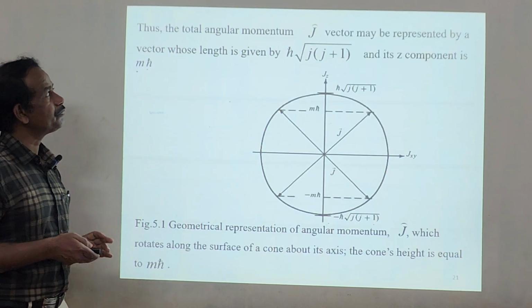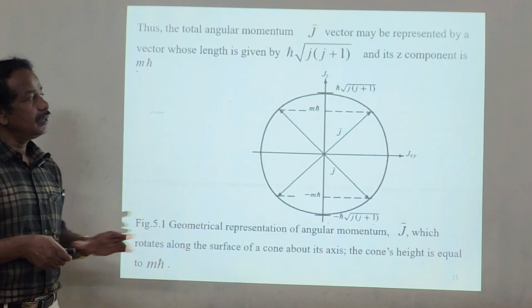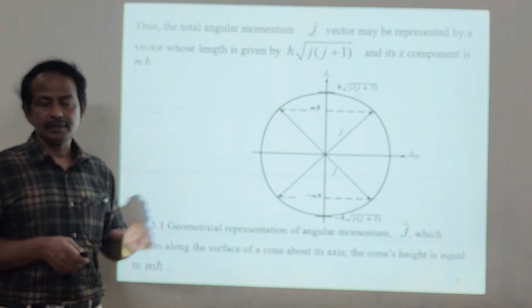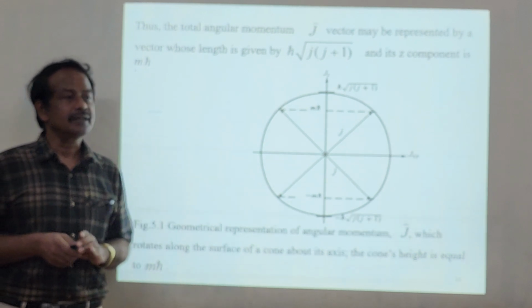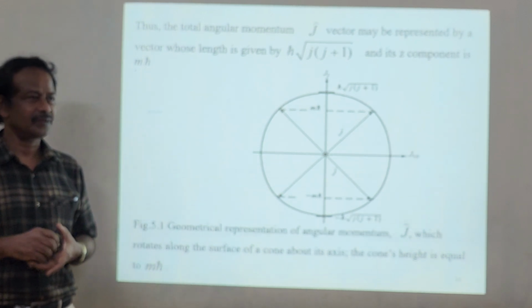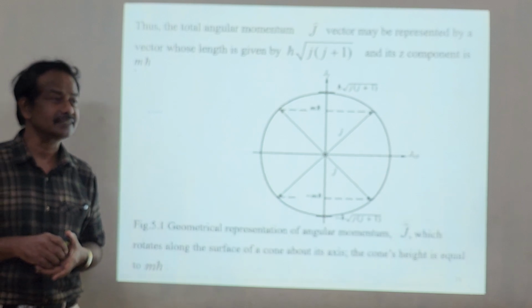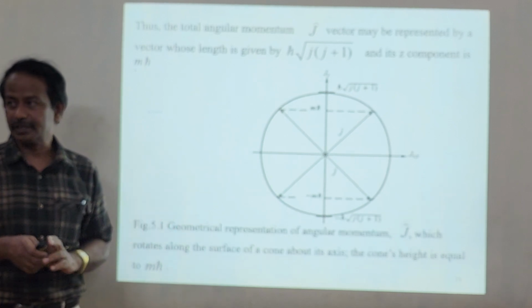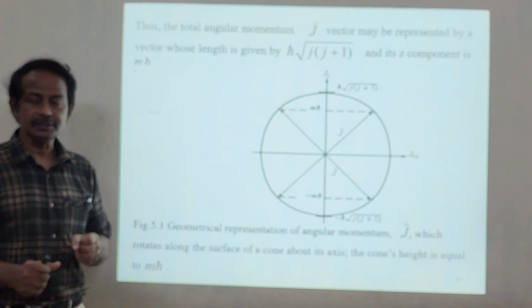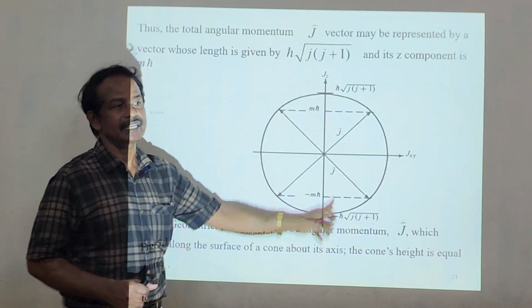Now, as we said in the introduction, direction is changing. Direction is quantized. So this is about the vector atom model, in which you apply the magnetic field in this direction.